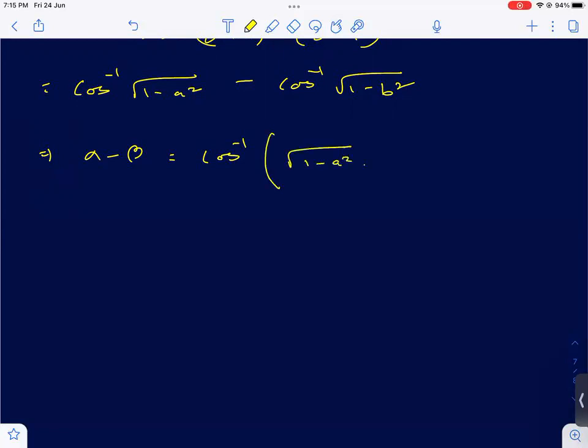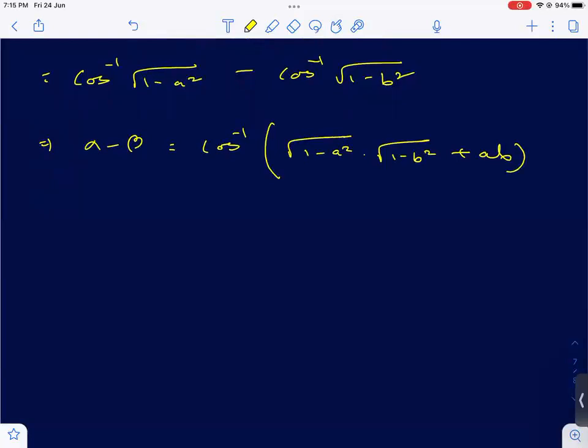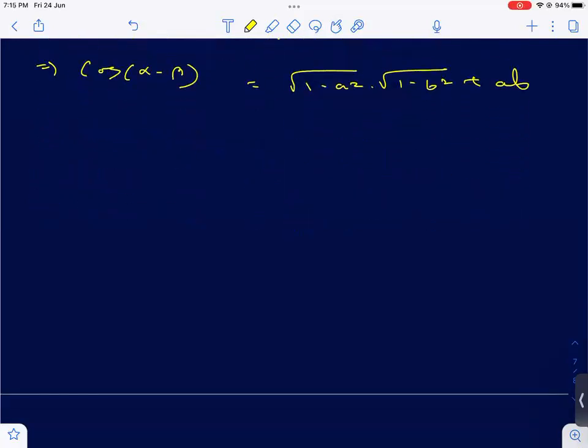For the time being, do not solve this sum, and for those who are interested, I am solving it, because for class 11 it is not there. So cos(alpha minus beta) equal to root over of 1 minus A square into root over of 1 minus B square plus AB. Therefore, our requirement is cos 2(alpha minus beta) minus 4AB cos(alpha minus beta).